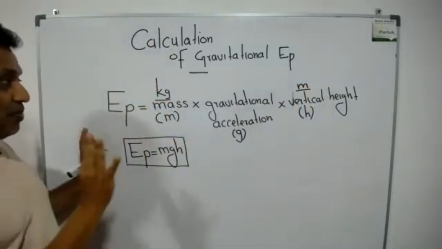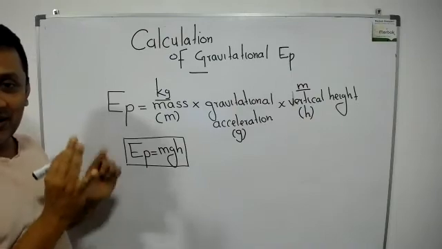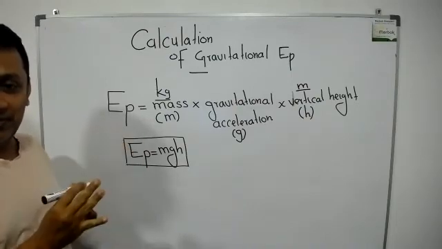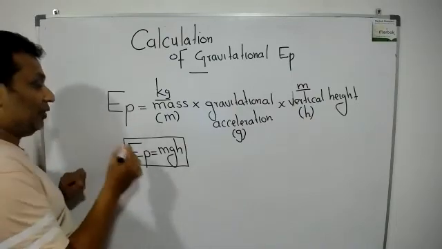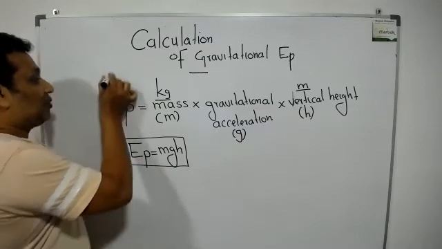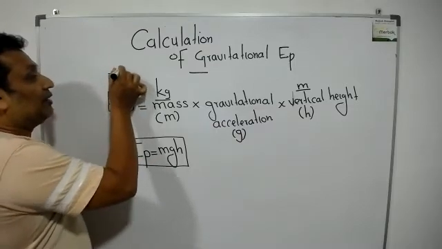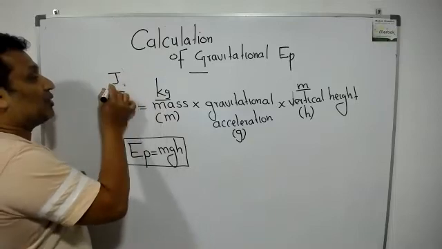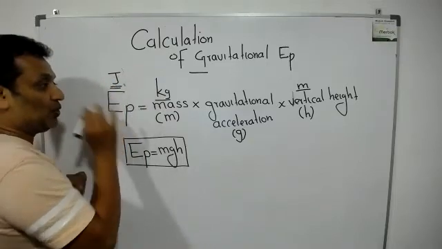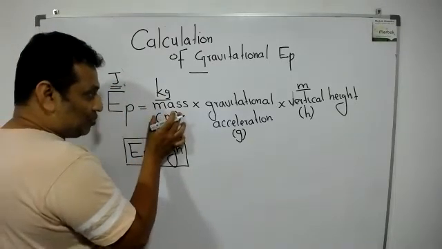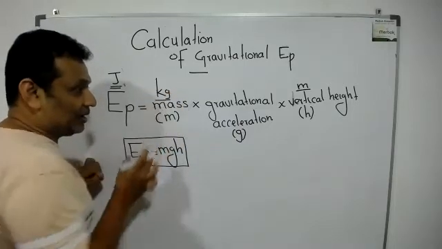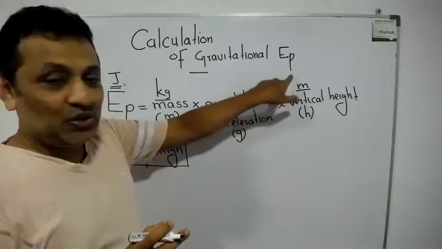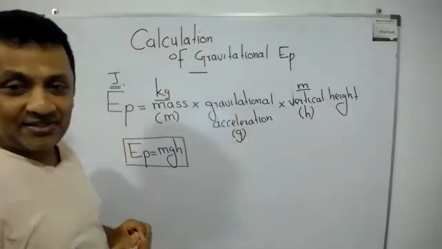Mass should be used in kilogram, height should be used in meter. Then only EP will come to you in joule. If you want the EP value in joule, mass should be in kilogram and height in meters.